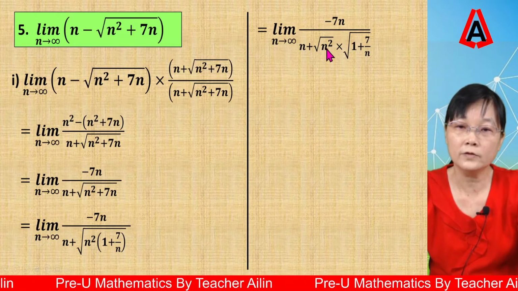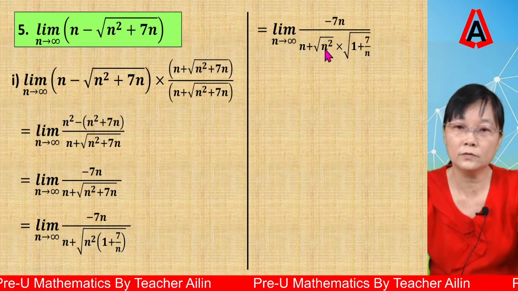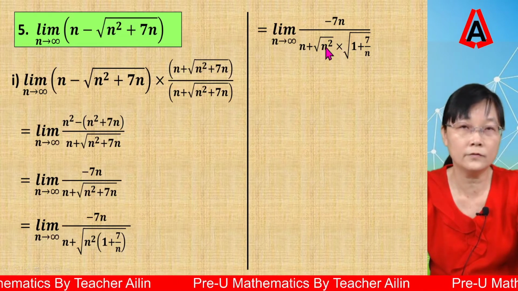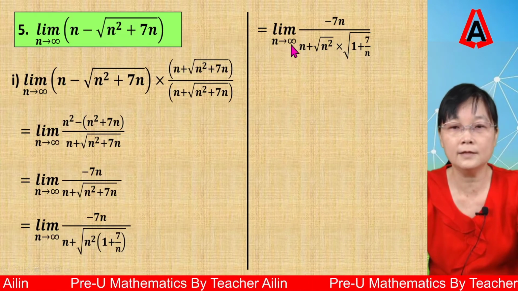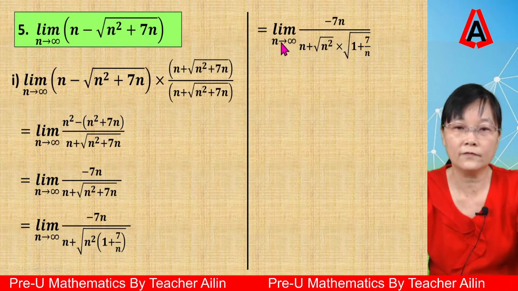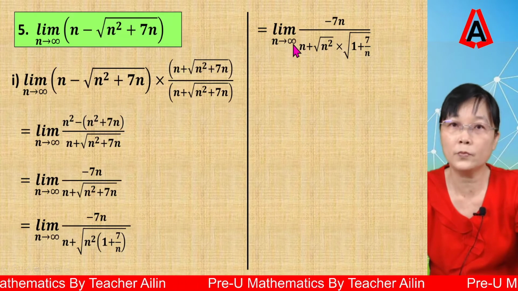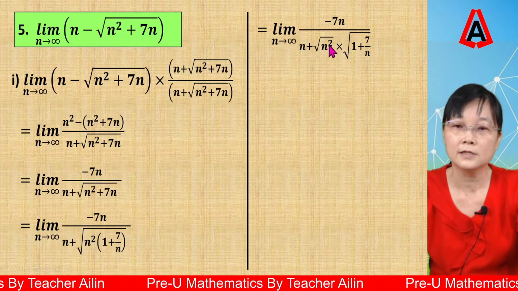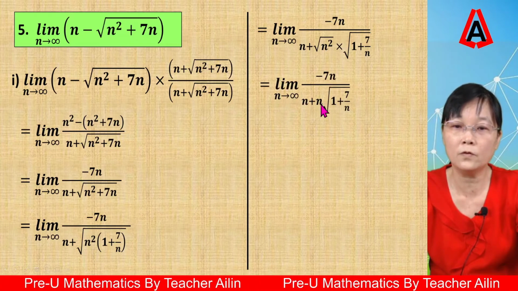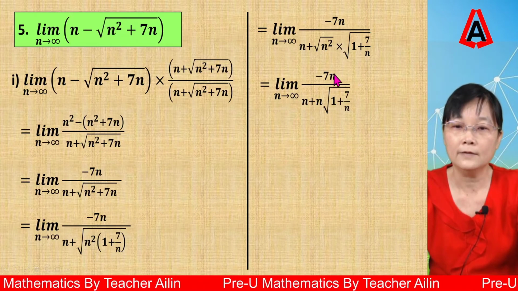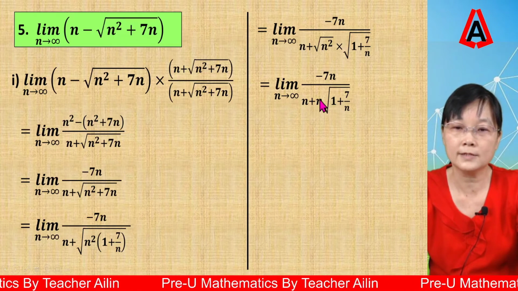As for square root of n power 2, we know that square root of n power 2 can be positive n or can be negative n. And since now we want to find n approaches positive infinity, the square root of n power 2 is equal to positive n.